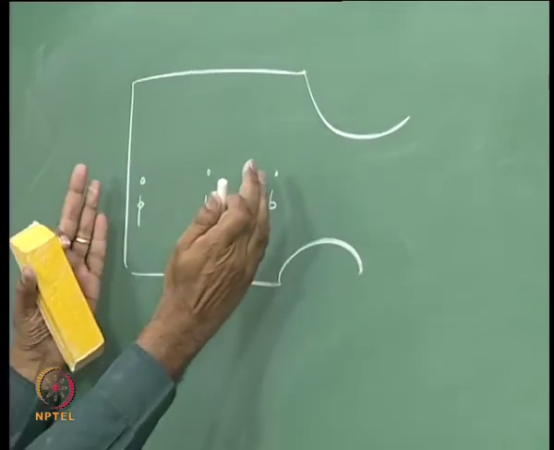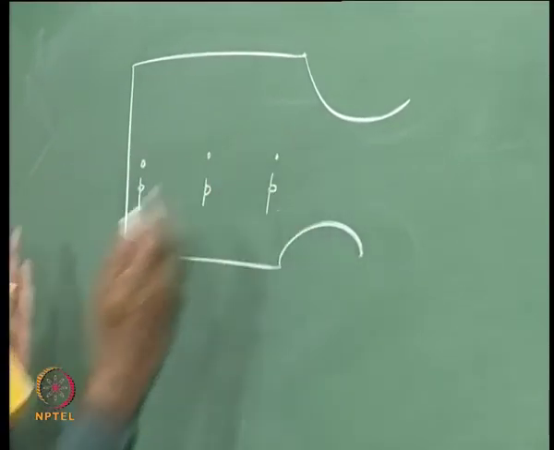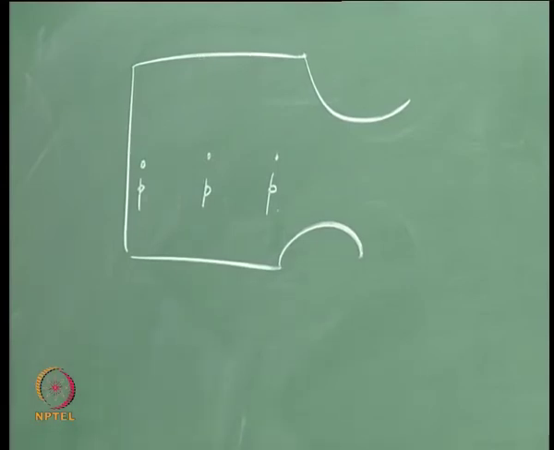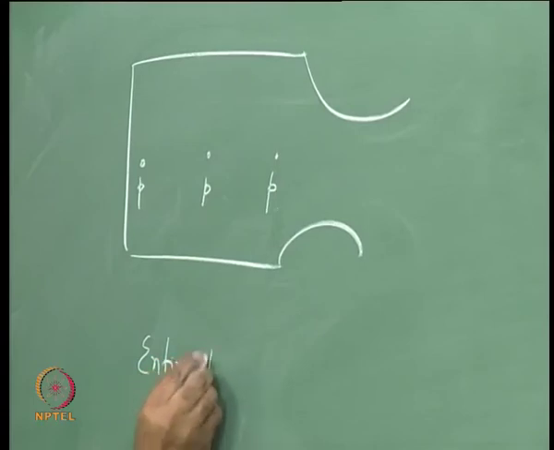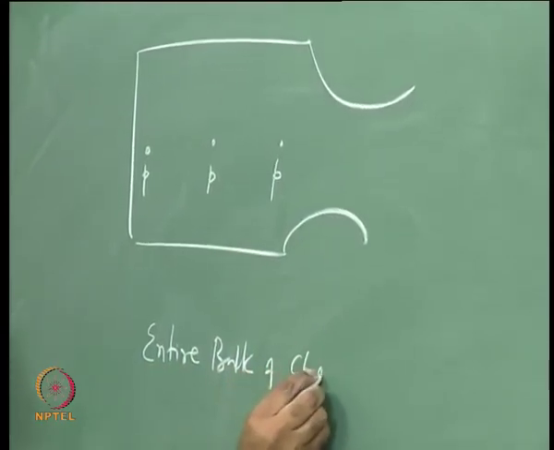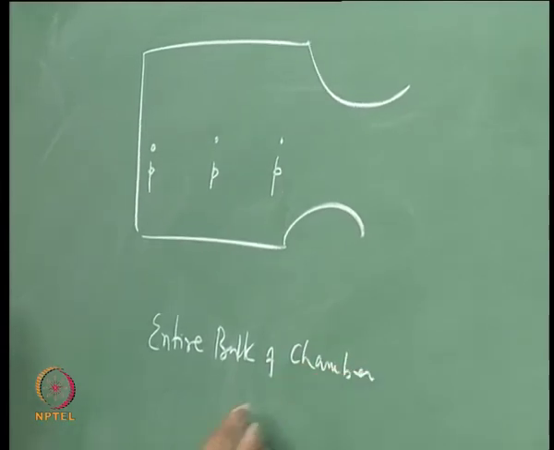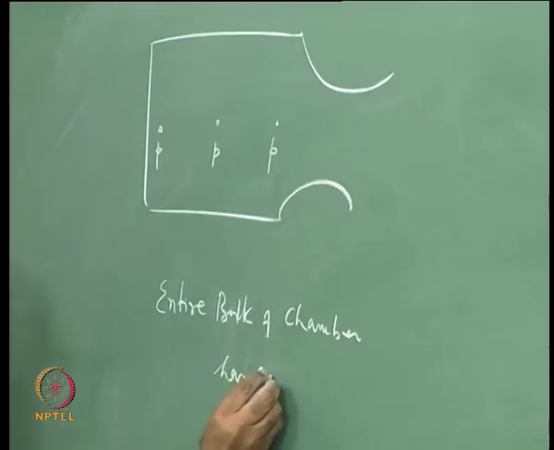Within the chamber the pressure is the same, there is no variation in pressure. That means I am talking of maybe the entire bulk of chamber has the same gas pressure.